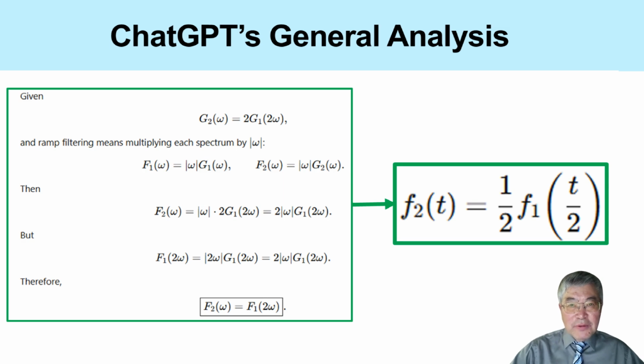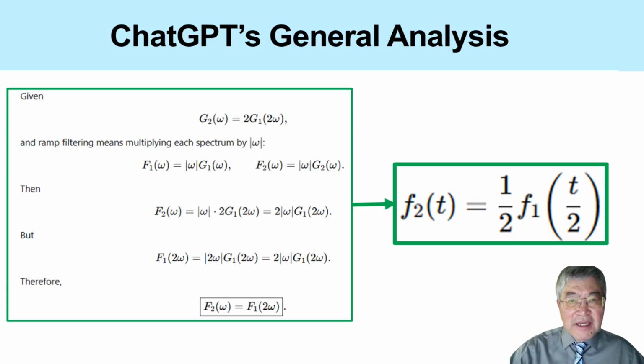The previous two slides showed the relationship between the two filtered results y1 and y2 at the center point where it is 0. Now this slide gives a more general analysis. Here, I use ChatGPT to check the scaling relationship symbolically. The main result is shown on the right side of the slide.